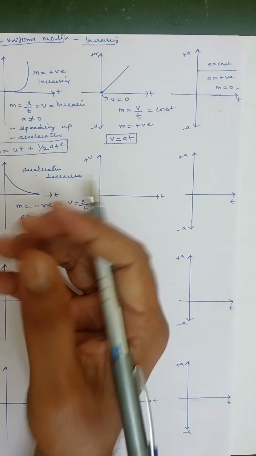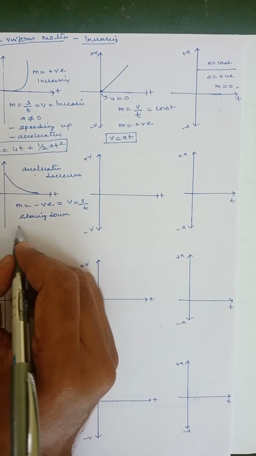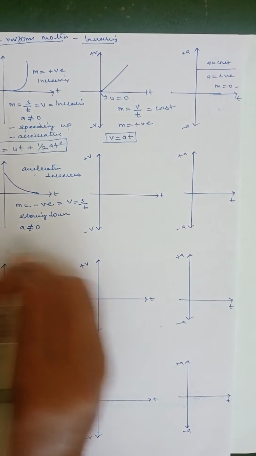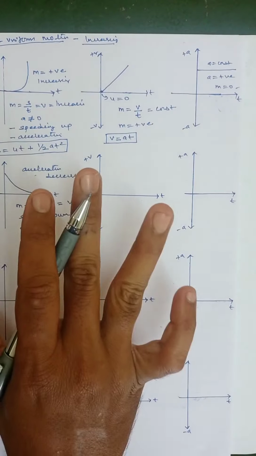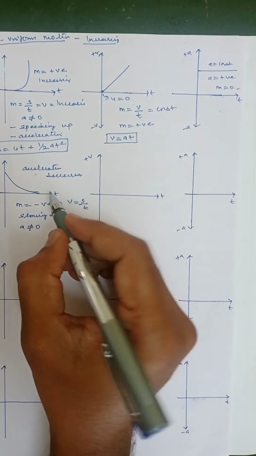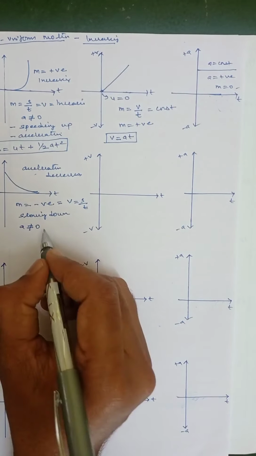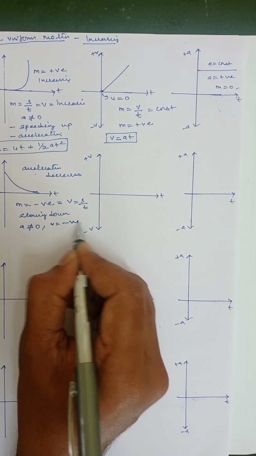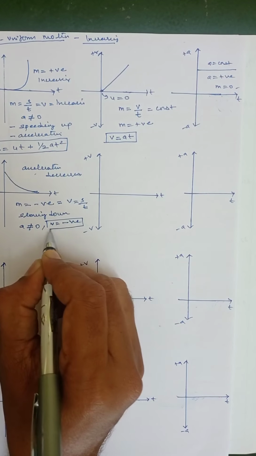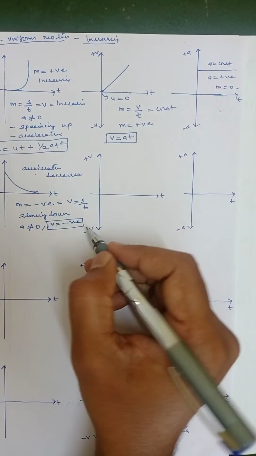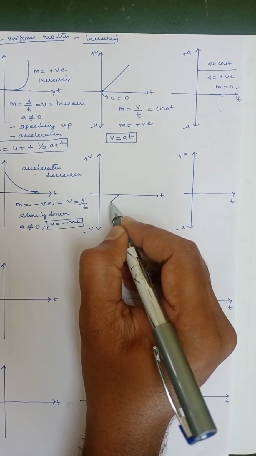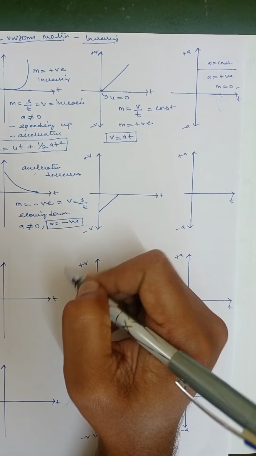So velocity is decreasing, negative, so a is not equal to 0. Here acceleration is not equal to 0 or not constant, but in negative direction, velocity equal to in negative direction. Hence this velocity will be like this.